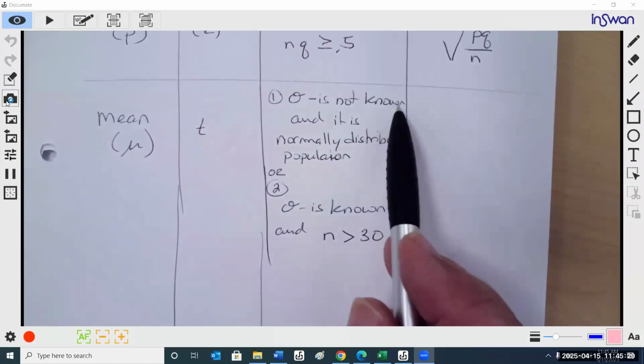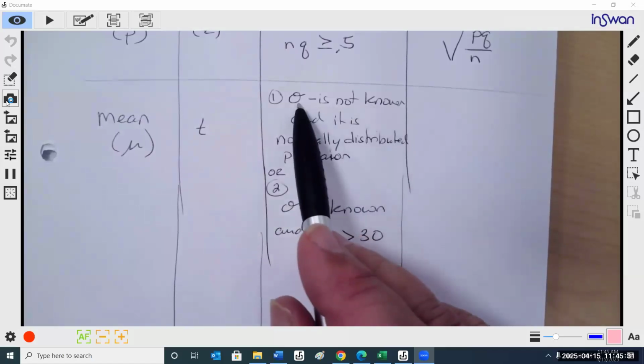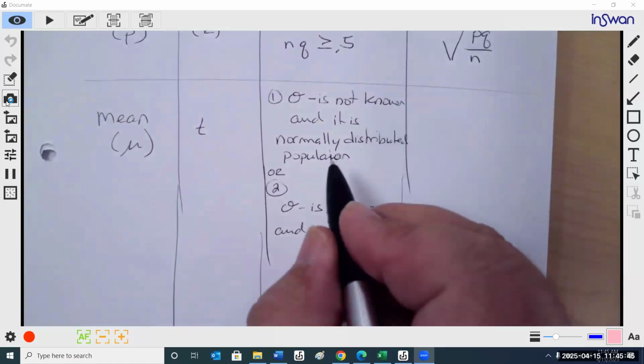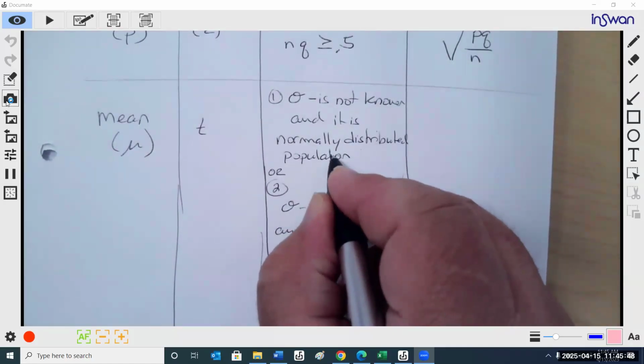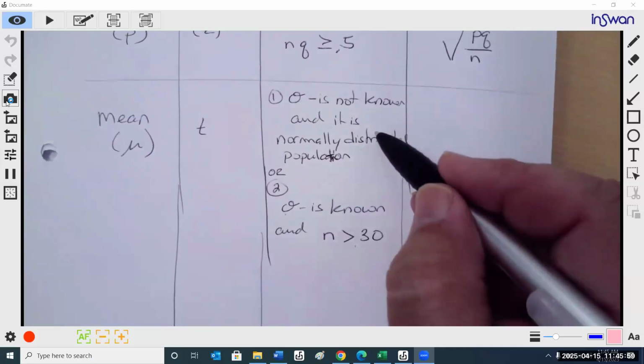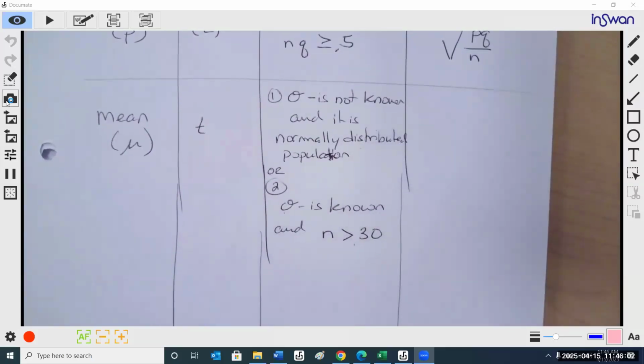If we don't know the standard deviation of the population, that usually means we have a very small sample. And it's normally distributed, so that's very important. It has to be a symmetric population. Or if we do know the standard deviation, then our sample size could be large. Typically, it's less than or equal to 30, versus greater than 30.